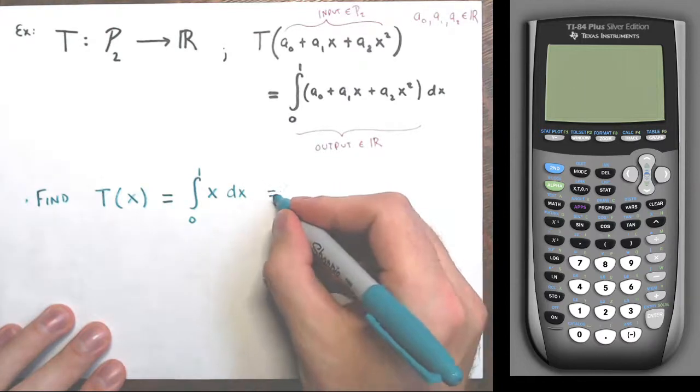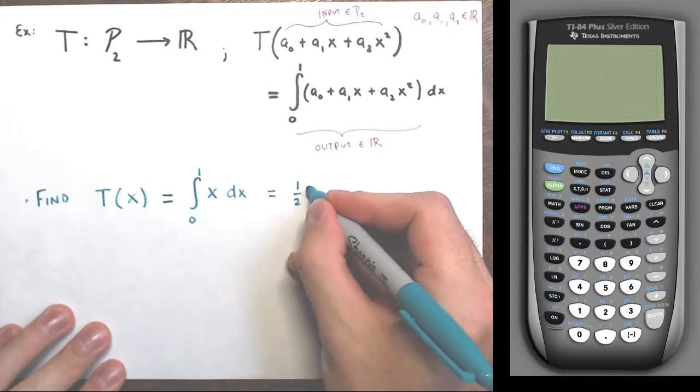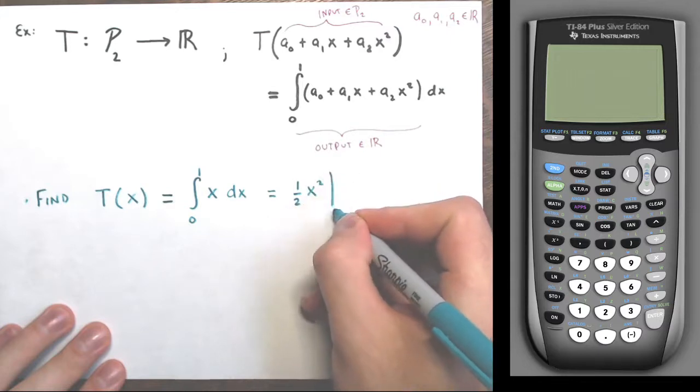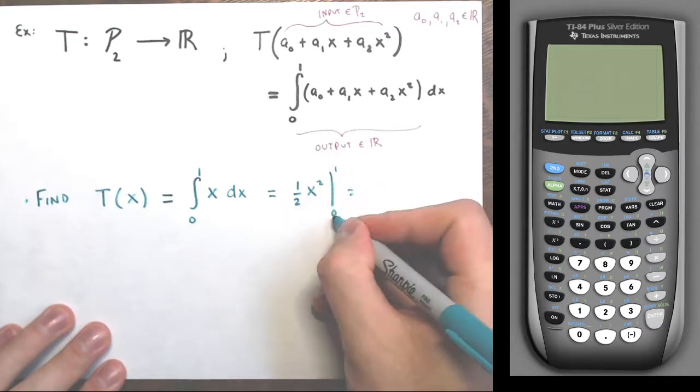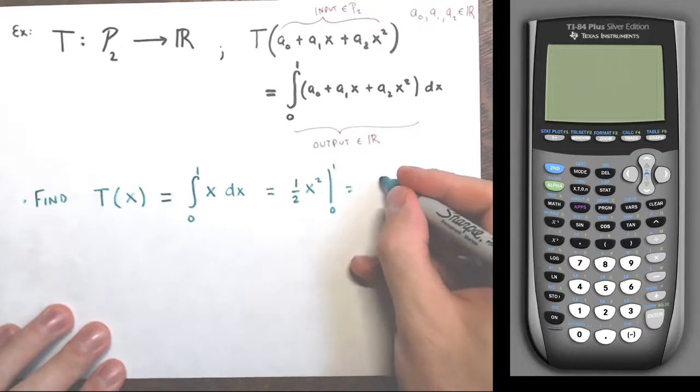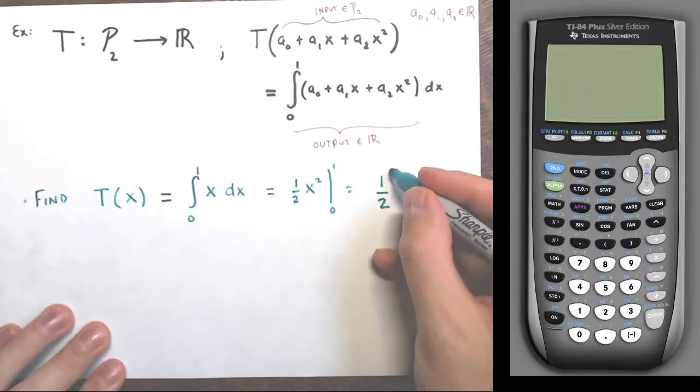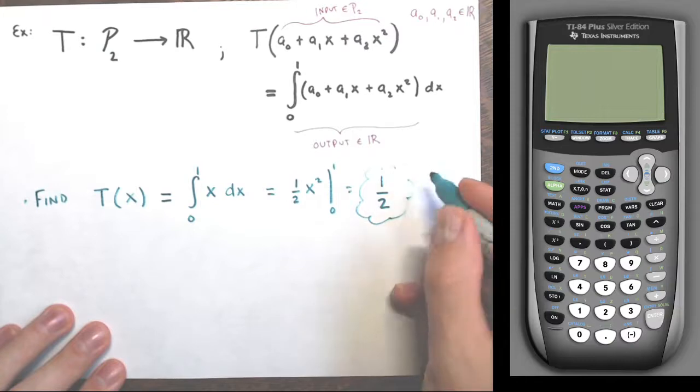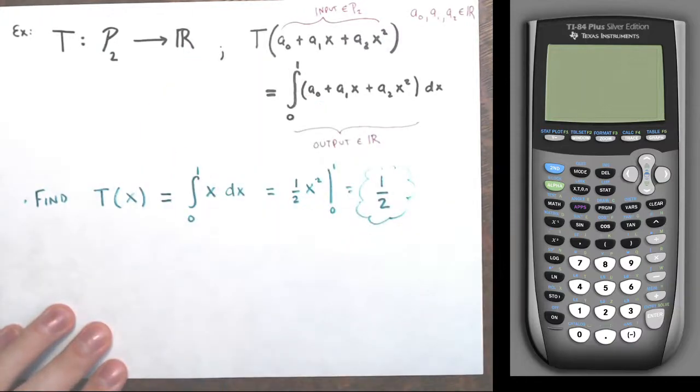Hopefully you remember how this works. The antiderivative here is 1/2 x squared evaluated from 0 to 1. I plug in 1, I plug in 0, I subtract them. That would be 1/2. And see, that's a real number. My output is 1/2.